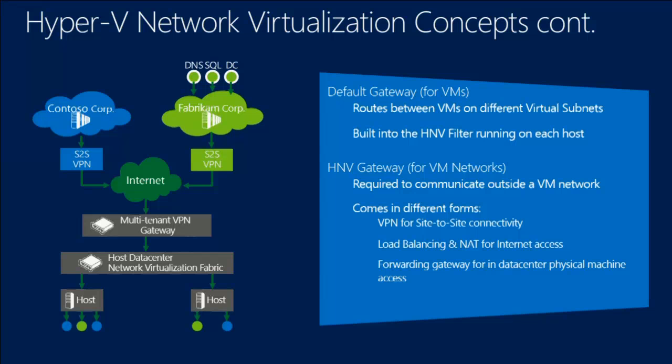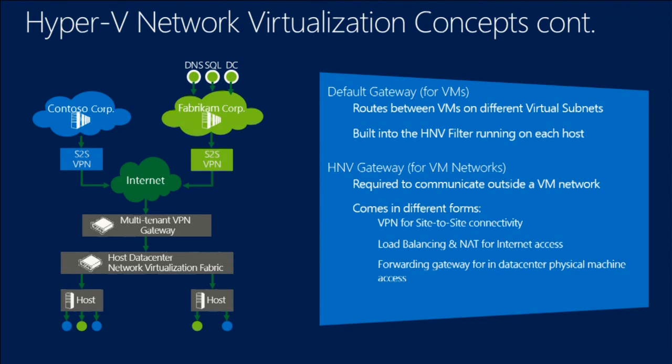Now, the HNV gateway is for connecting the virtual network to other networks, and it comes in 3 different forms, depending on your scenario. So let's look at each of them. On one side is HNV and the other side is something else. Let's say the something else is the customer's remote office, remote network.